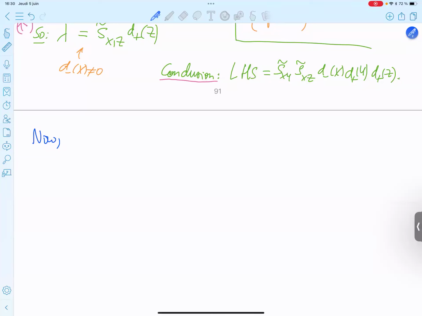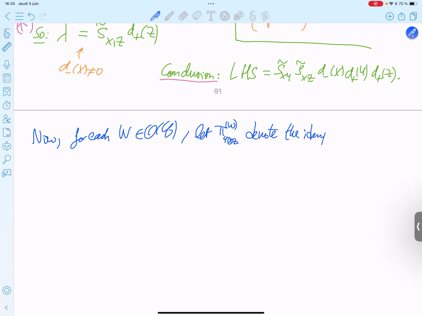So now we need to define some minimal idempotent. For each simple W in C, consider the idempotent endomorphism. No, this is not a minimal idempotent, sorry. This is just the idempotent corresponding to the multiplicity space.